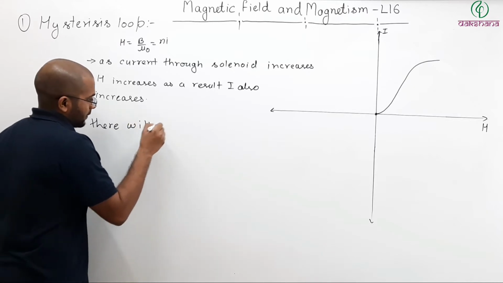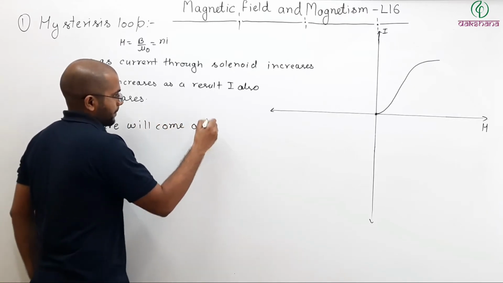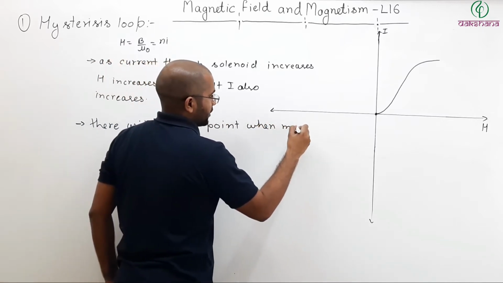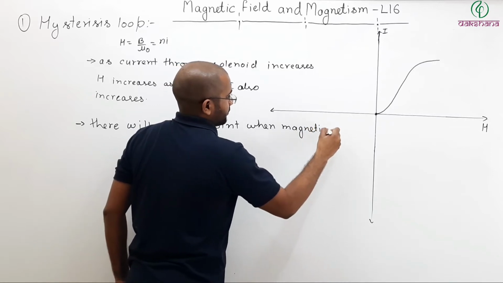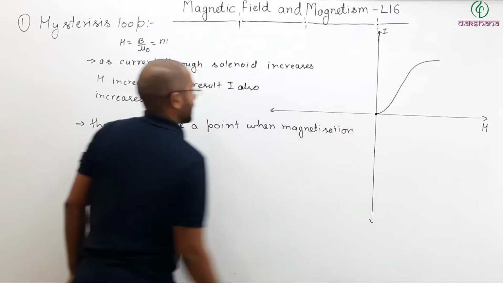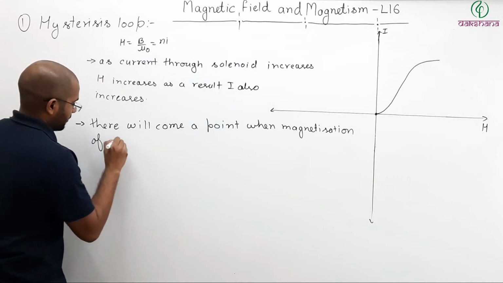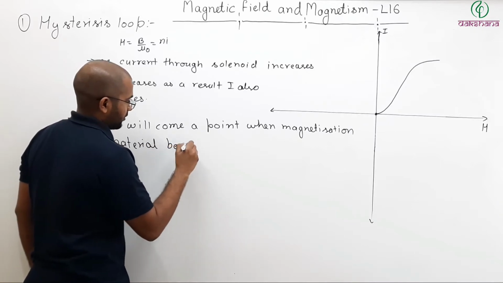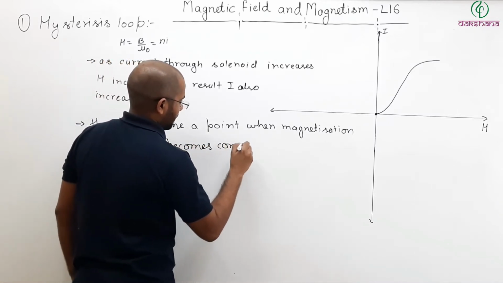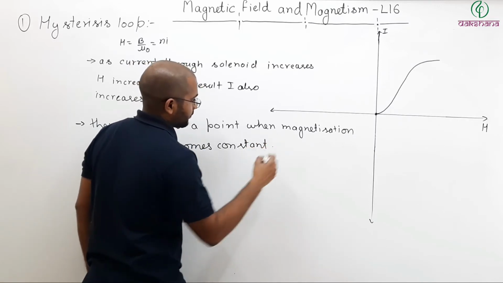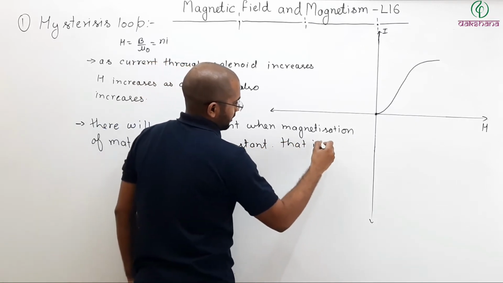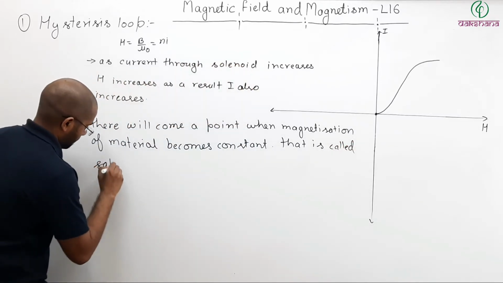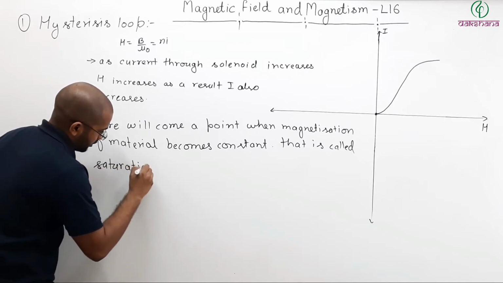There will come a point when magnetization of material becomes constant, that is called saturation.